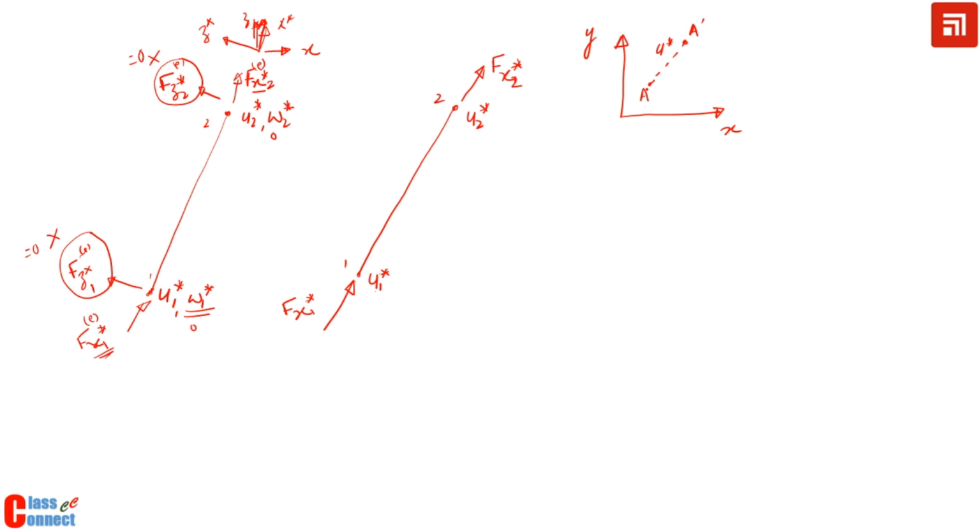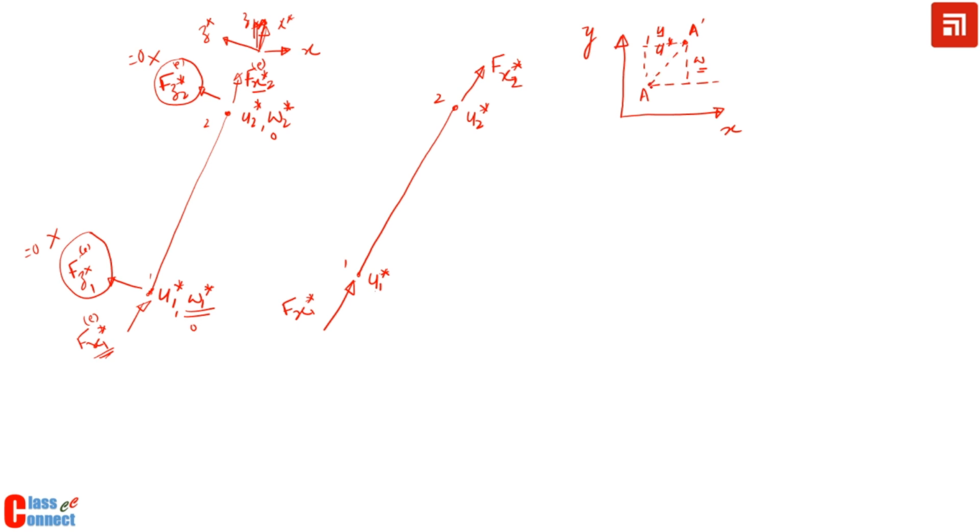So in the global coordinate system it has traveled some distance W and some distance U. U and W are the global displacement vector in trusses, where U star is the local displacement.